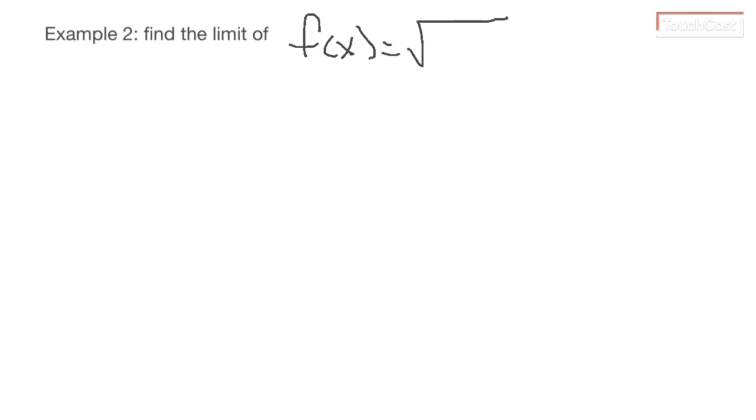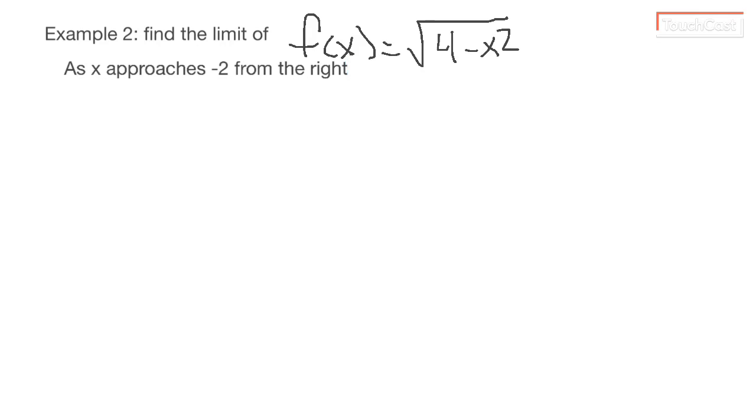So now let's talk about example 2, where we are going to find the limit of our function, f of x equals the square root of 4 minus x squared, as x approaches -2 from the right.